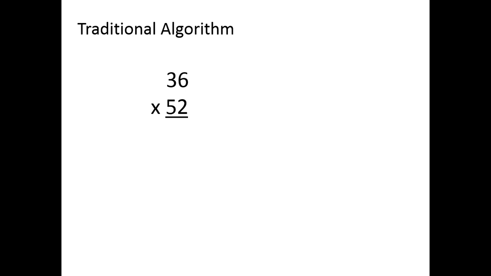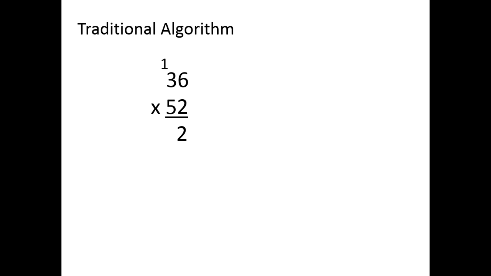The traditional algorithm is what you're probably used to. There really is place value going on inside this algorithm, because when we say 2 times 6 is 12, and we write down the 2 and carry the 1, what's really going on is we are saying 2 times 6 is 2 1s and 1 10.